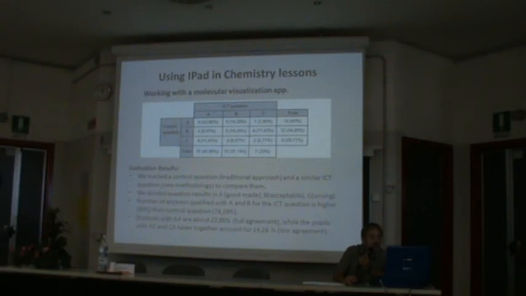The number of answers qualified with A and B for the ICT question is higher, 80%, than for the control question. Students with A in the ICT question and A in the control question are about 22%, full agreement, while the pupils with AC and CA, low agreement between the two questions taken together, count for 14%.